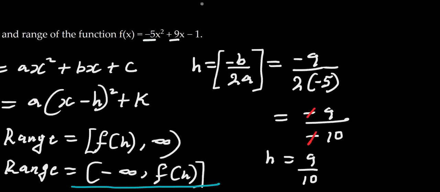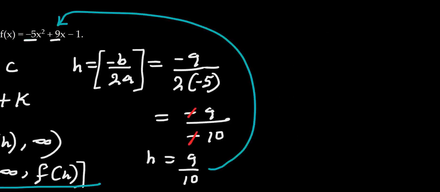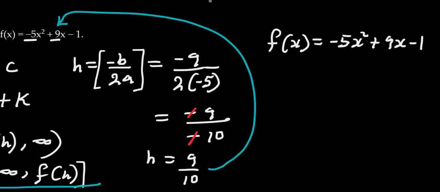So now, to find the value of f of h, we are going to plug this value into this function. So take this value and plug it into this function. So if we do that, the given function is f of x is equal to negative 5x squared plus 9x negative 1.